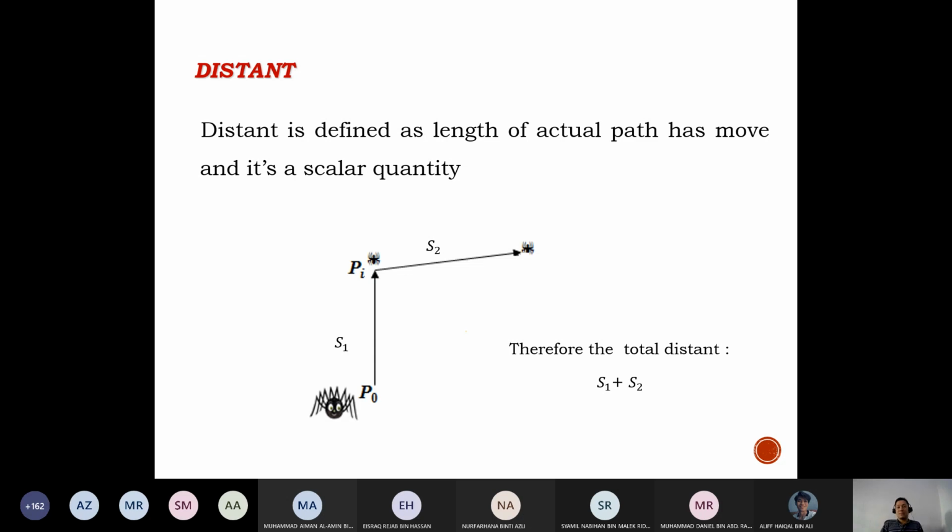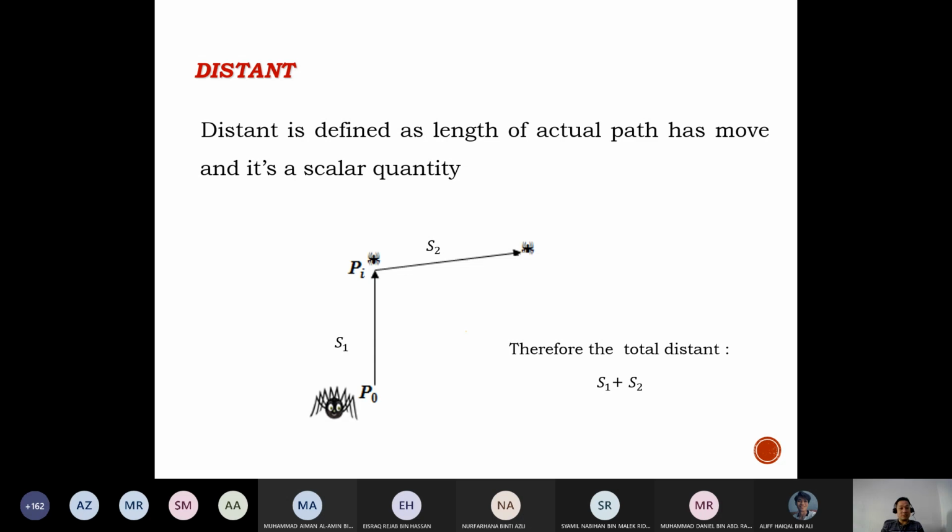So now what about the distance? The displacement is moving from one spot to another spot, S final minus S initial. Distance is defined as the length. It's not the change of spot, it's the length. I hope you can get the difference. Distance is defined as the length of the actual path moved, and it's a scalar quantity.